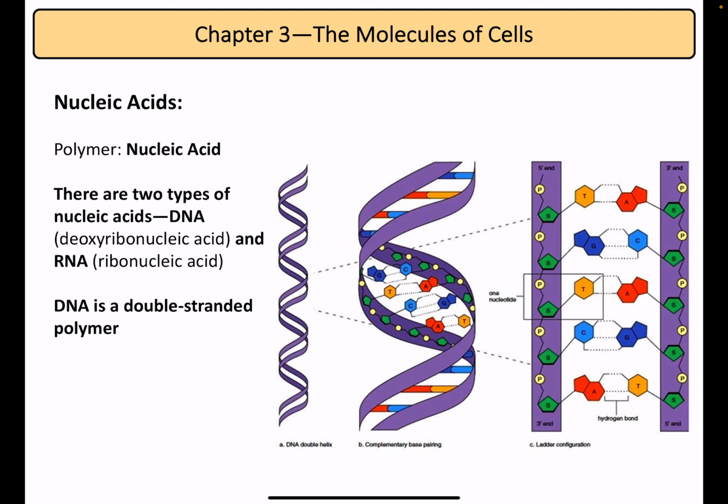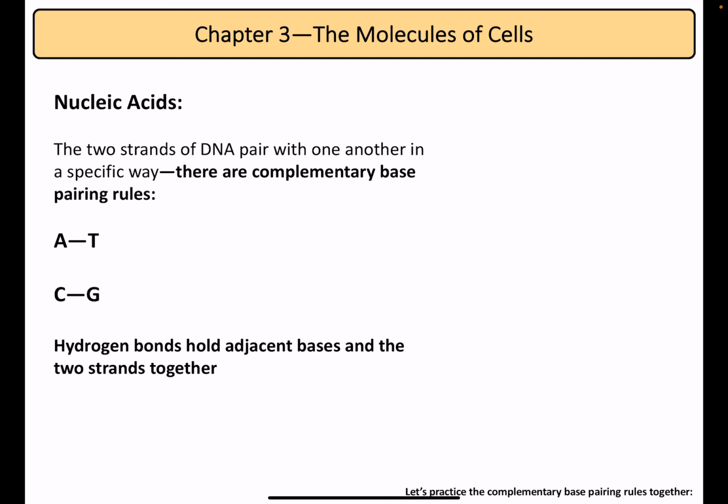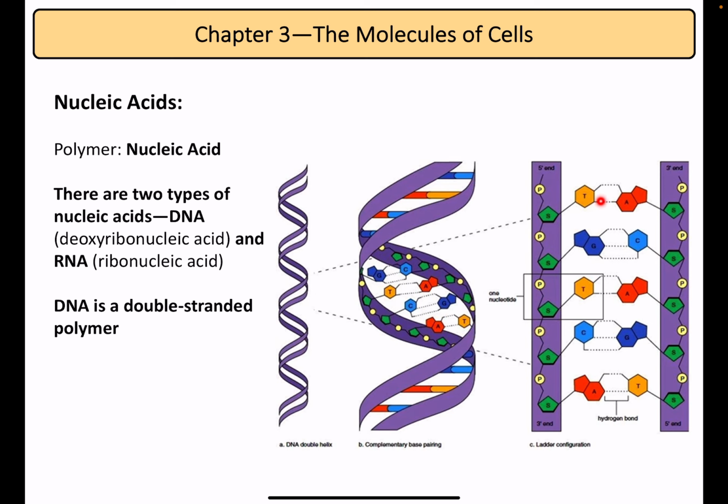It's a double-stranded molecule. So here's one chain in purple, and then it has a sister chain. If you were to look at these two strands, when the bases, the nucleotides, are adjacent to one another from each strand, they pair together in a specific way.